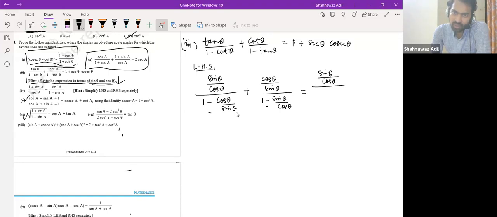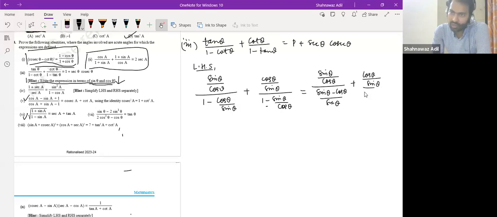First we have to solve this, right? So this is sine theta, and then what do we have? Cos theta by sine theta.